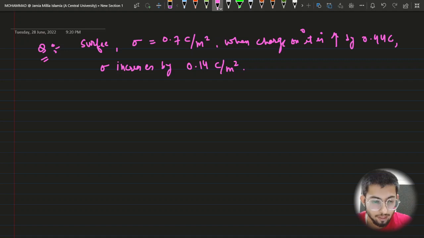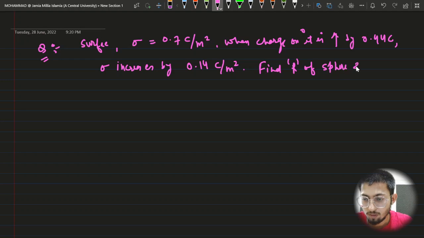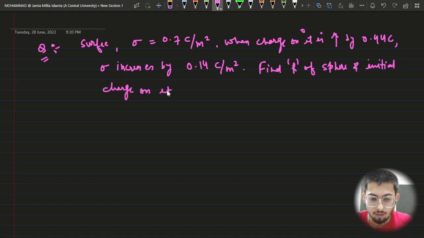We need to find the radius of the sphere and the initial charge on it. What do you mean by initial charge? He's asking when the sphere was having a surface density this much, what was the charge on the sphere at that point? That is called the initial charge on it.